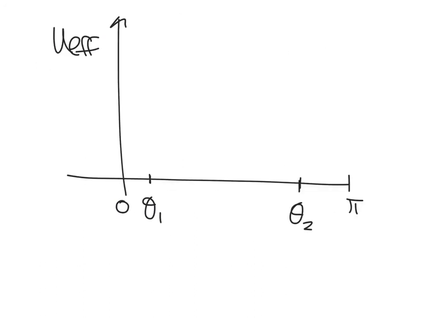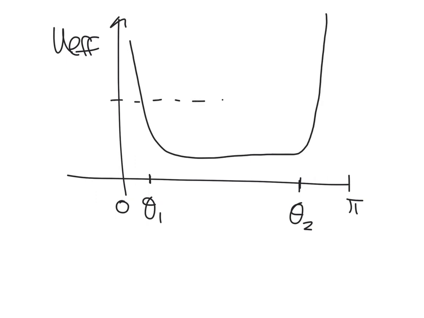And so based on that discussion, here's the effective potential, and it's going to have this sort of funny, not quite U-shaped shape to it. For some finite value of the energy, E, the top will remain between two finite values of theta, theta 1 and theta 2, where the effective potential reaches a maximum equal to the energy itself.